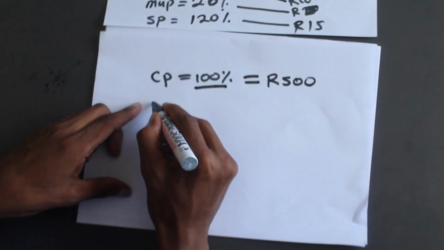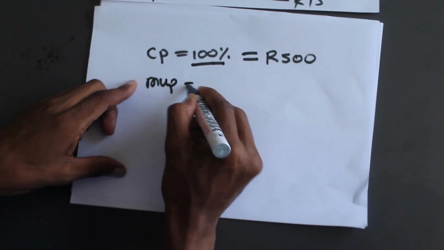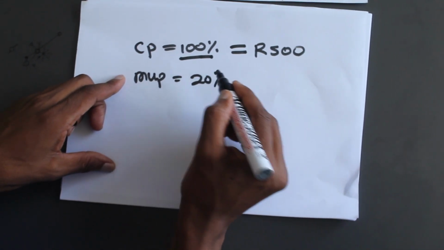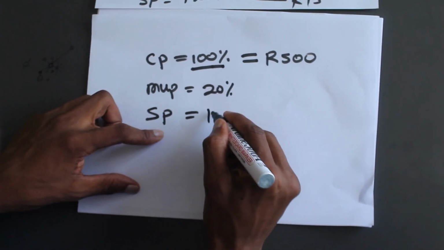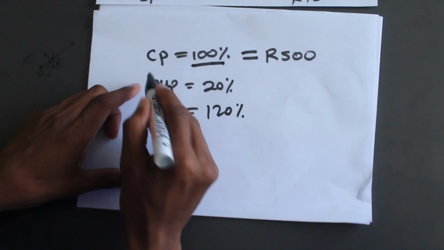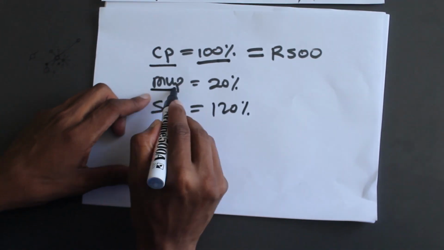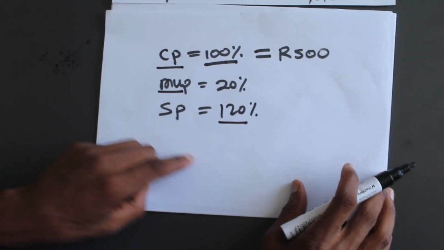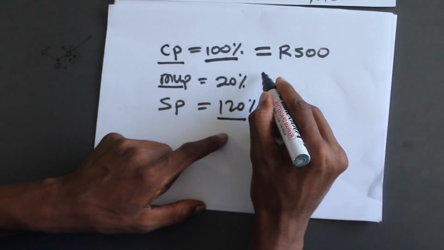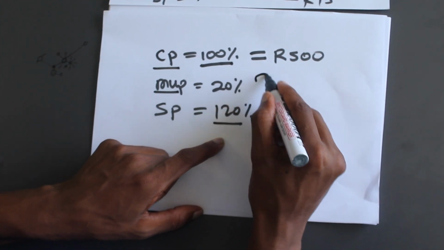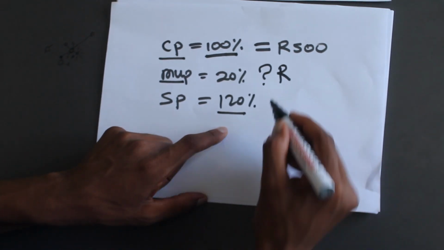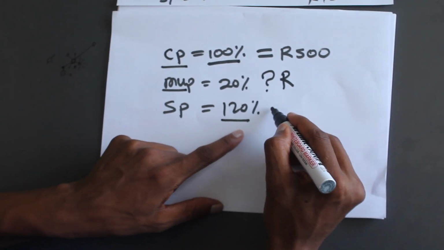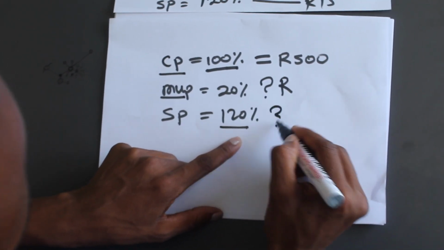And your markup is given, remember, it's 20%, and then your selling price is going to be equal to 120, because you buy, you add profit, you sell. So now maybe the question will be, how do I calculate my profit or my markup in rand, and how do I calculate my selling price in rand as well?